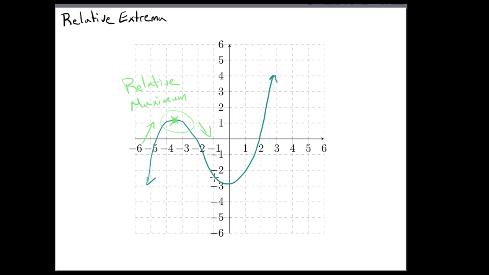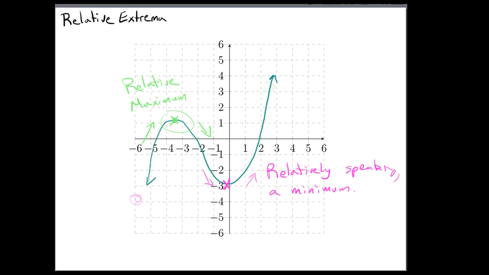Likewise, over here, right about at 0, it's decreasing and then it switches to increasing. So this is the lowest point around. Again, if I go over here to x equals -6, I'm going to find something lower. But relatively speaking, it's a minimum.